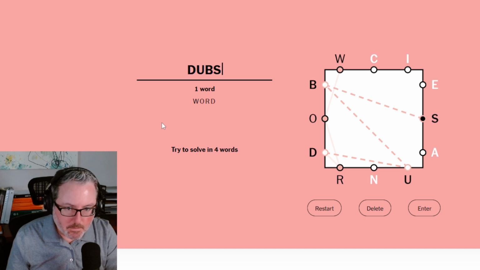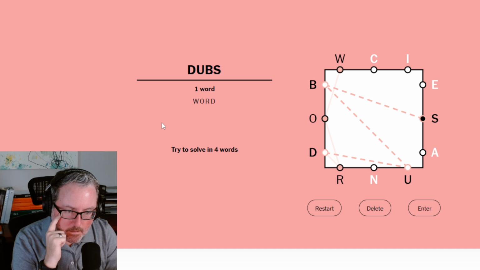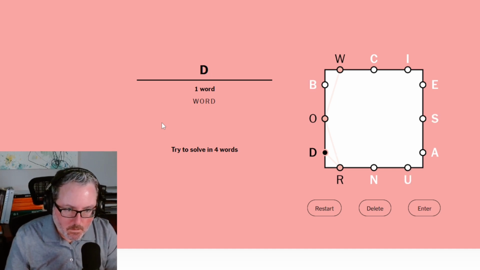Oh, I didn't take my input there for a second. If I did that, then I'd have to somehow figure out how to use a C, I, E, A, and N to end this word. So maybe that's not a great use.